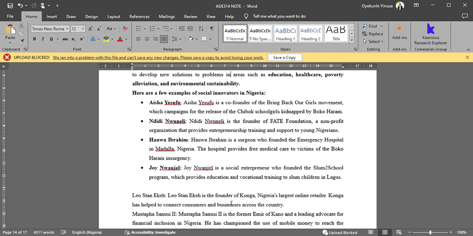Mention any other social innovators in Nigeria, in Lagos State, in any part of Nigeria that you know have been able to use their ingenuity and creativity to address social problems in the society. We have many of them. So I want you to identify such people and put them under the comment section. You must put it under the comment section. It's part of your assessment, which will be graded.